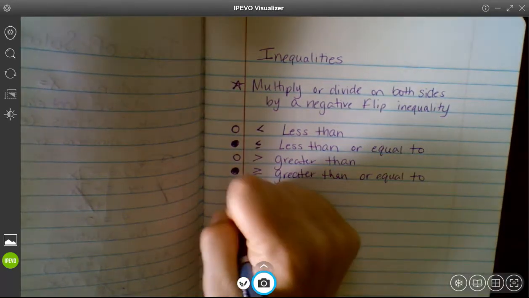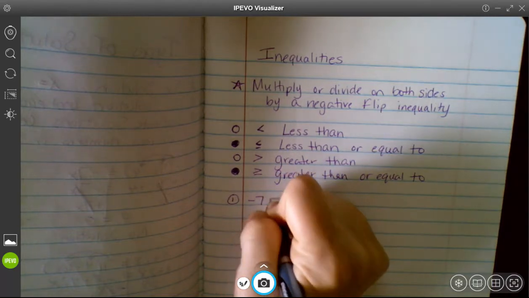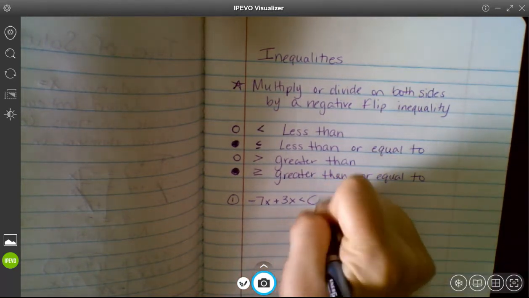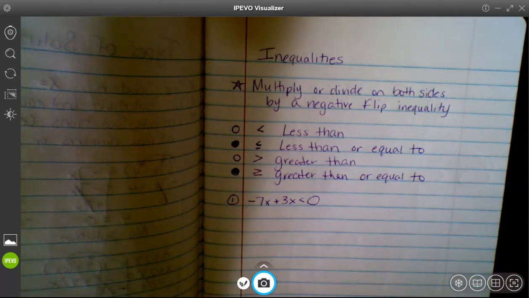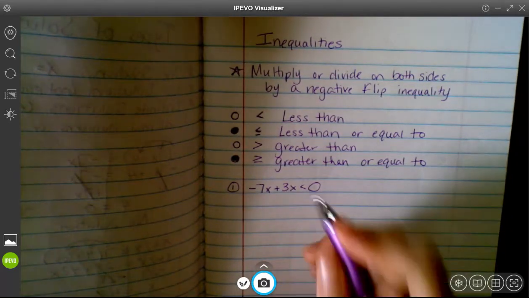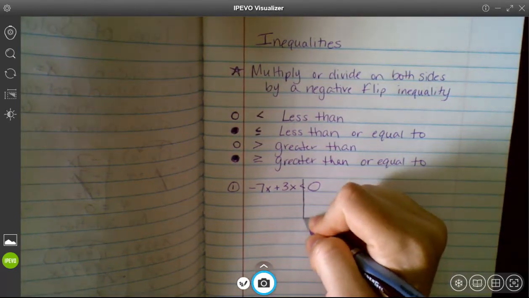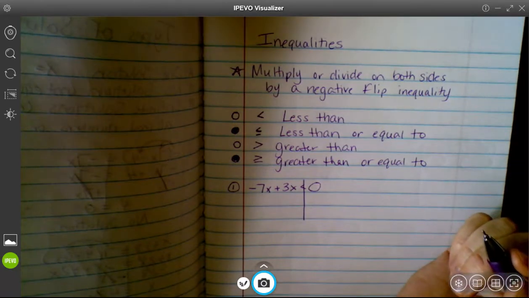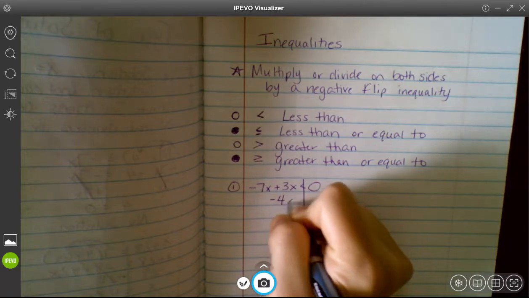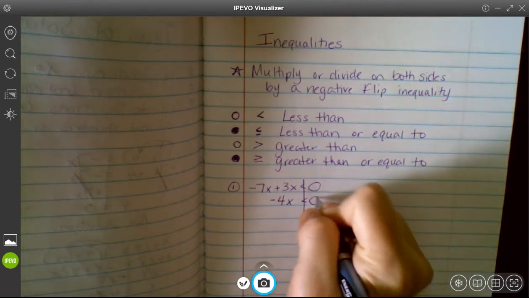So our first example is negative 7x plus 3x is less than 0. So what I'm going to do is combine my like terms like we would before. I'm going to draw my line down, my inequality. So negative 7x plus 3x gives me negative 4x is less than 0.